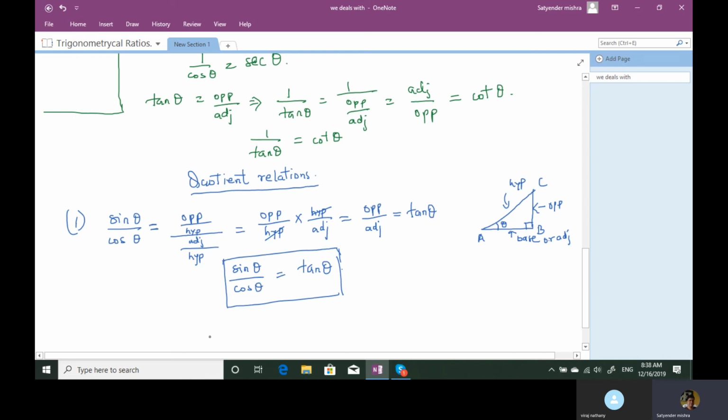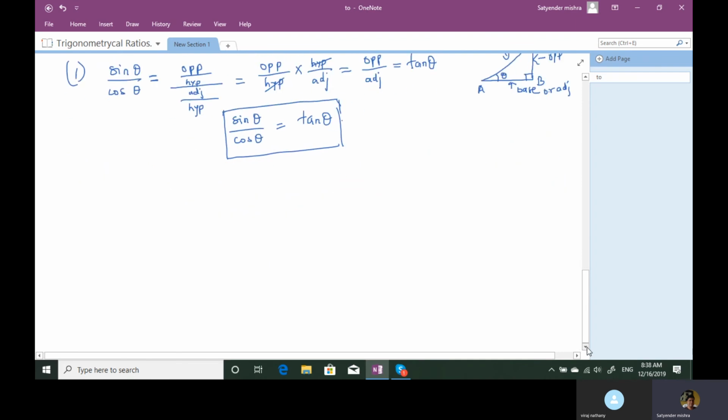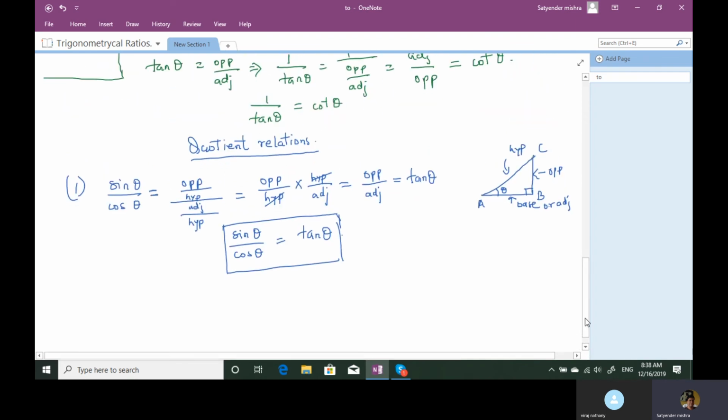So now we can find out cos theta by sin theta also, right? So number two will be, what will be cos theta by sin theta? It's very simple. It's cot theta.